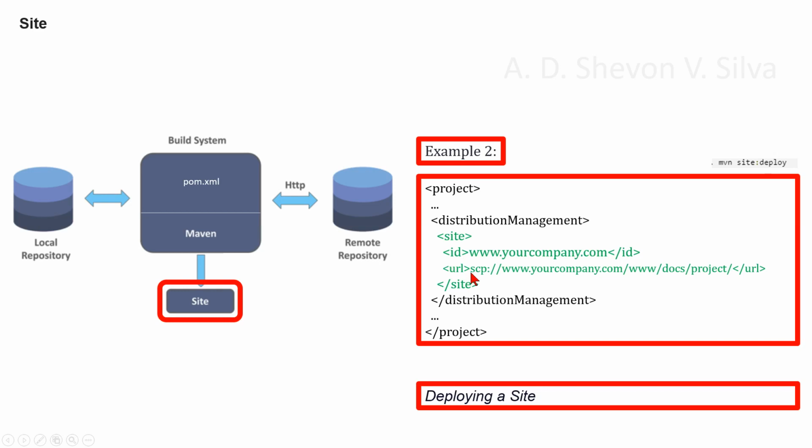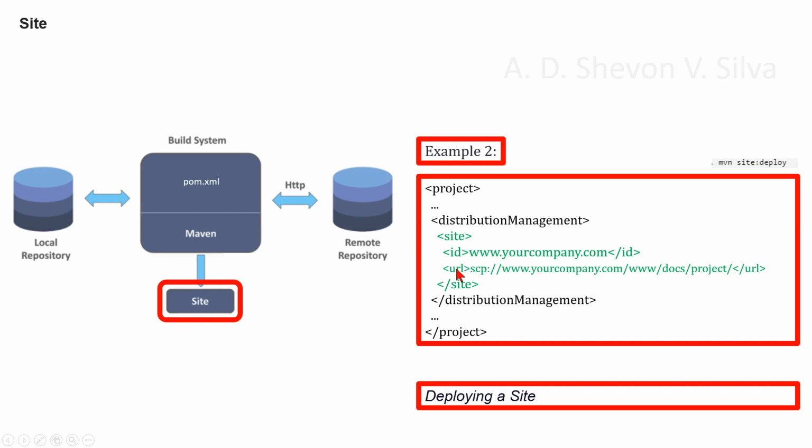In this example, we copy to the host www.yourcompany.com using the path www/docs/project over the SCP protocol. You can read more about which protocols are supported in the documentation. If subprojects inherit the site URL from the parent POM, they will automatically append their artifact ID to form their effective deployment location.